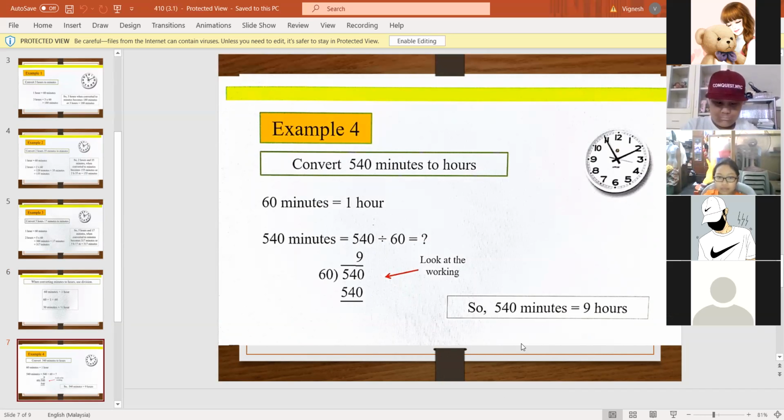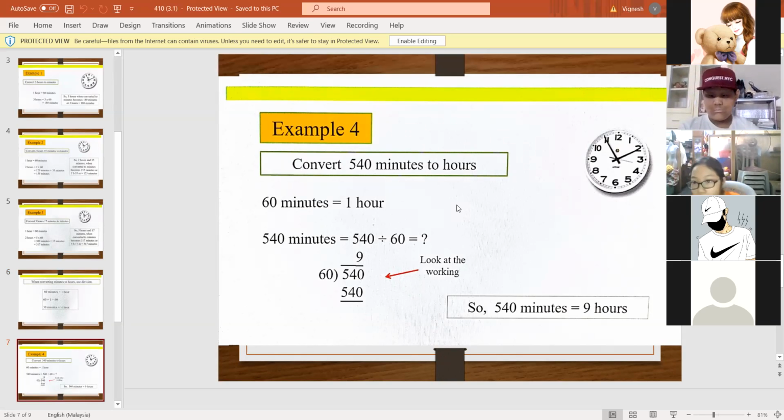Convert 540 minutes to hours. How? Teacher said when converting minutes to hours, we have to use division. Correct or not? Correct. Okay, so how?